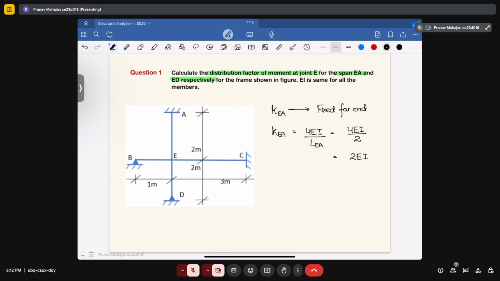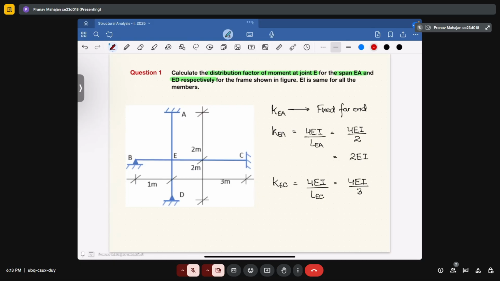Similarly, end C is also fixed, so KEC will also be equal to 4EI upon LEC. In this case, LEC is equal to 3, so that will become 4 by 3 EI.